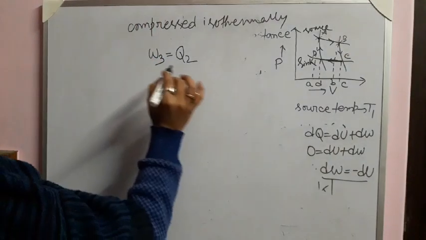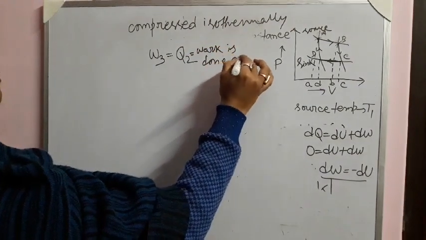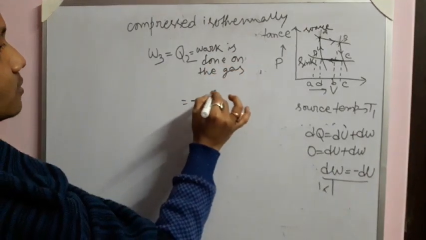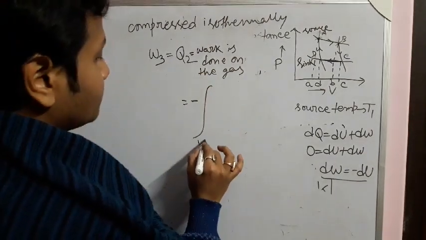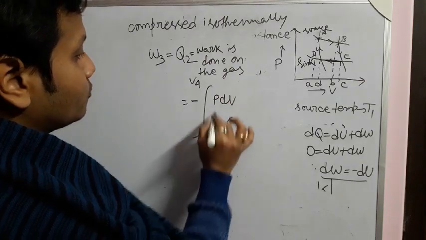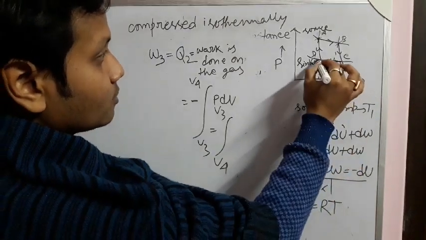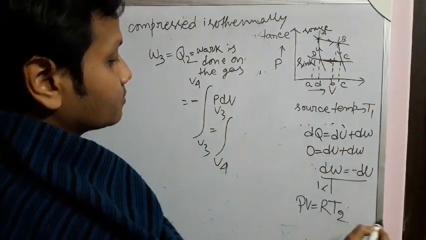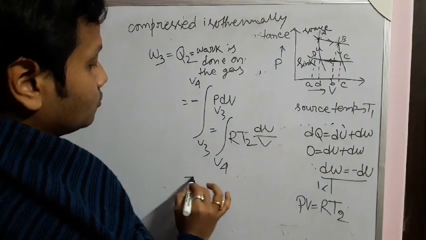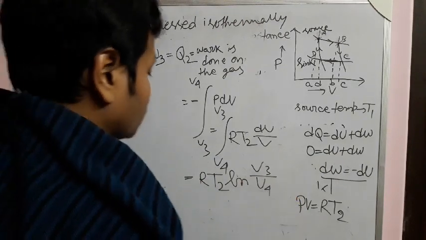So work is done on the gas. So what will be its expression? We give a minus sign because work is done on the gas. This is simply minus the integral V3 to V4 of PdV, and we can change the limit to V4 to V3, and we put PV equal to RT, but here the temperature at every point on this line is T2, so substitute T2, so that is RT2 dV upon V. So this will be R into T2 ln V3 by V4.